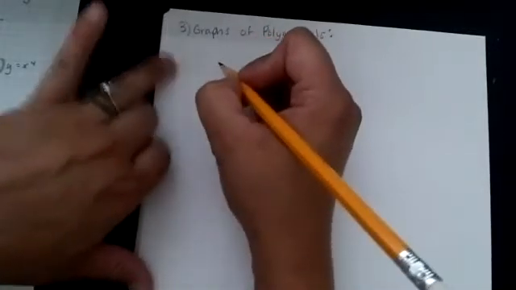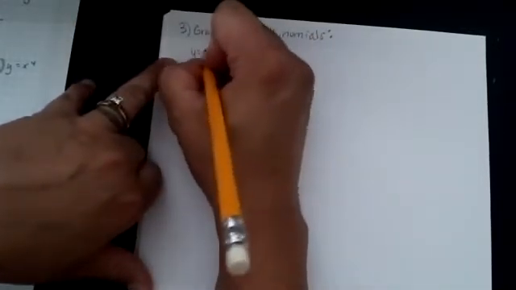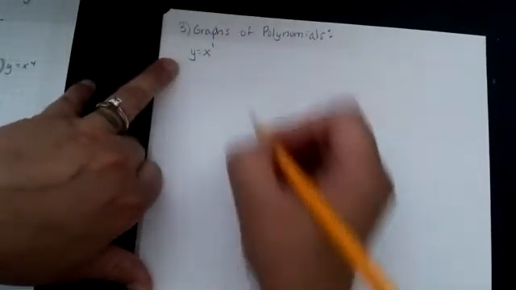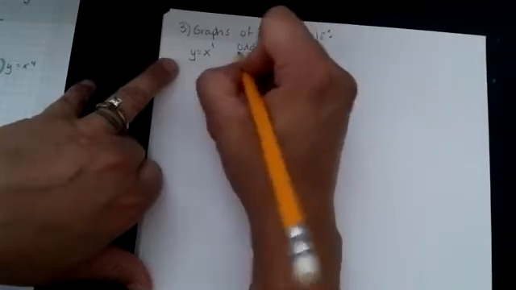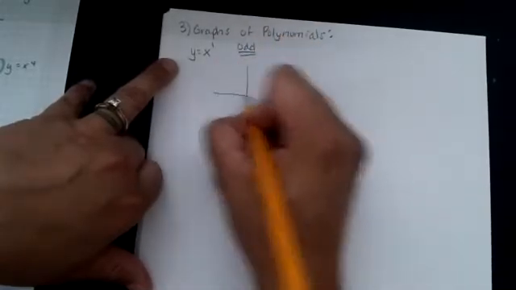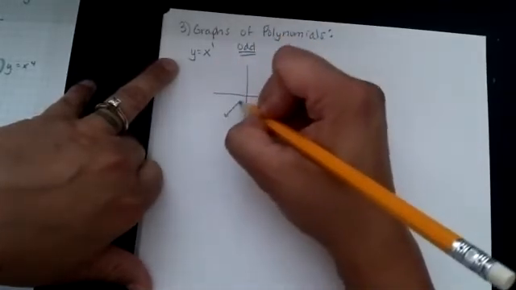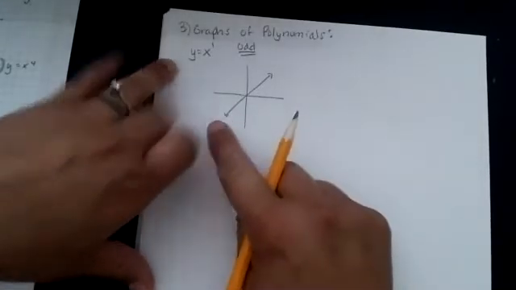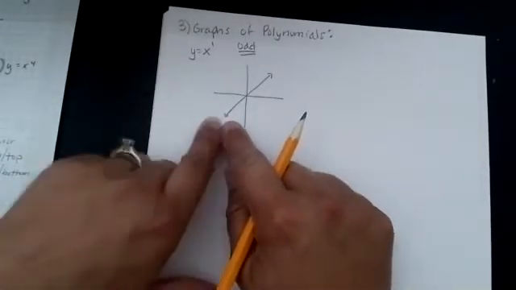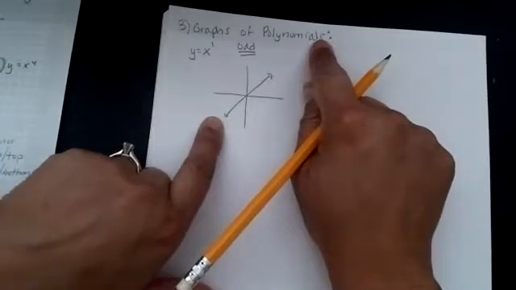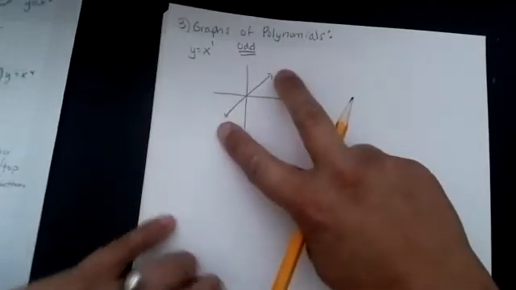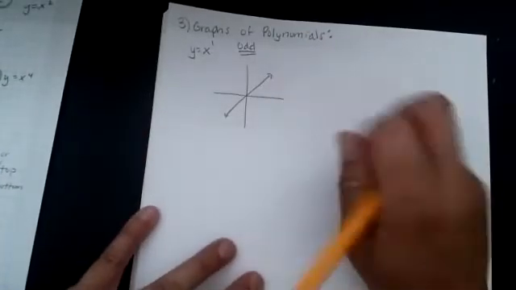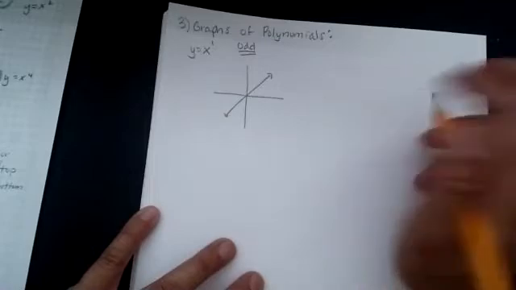So if you have an odd function, like an odd degree, so y equals x to the 1 power, right there, it's just going to be a straight line going left to right. So what happens here is the left side is going down to negative infinity, but the right side is going up to positive infinity. You're going to pay attention to the tail ends. We're going to be paying attention to the end behaviors.